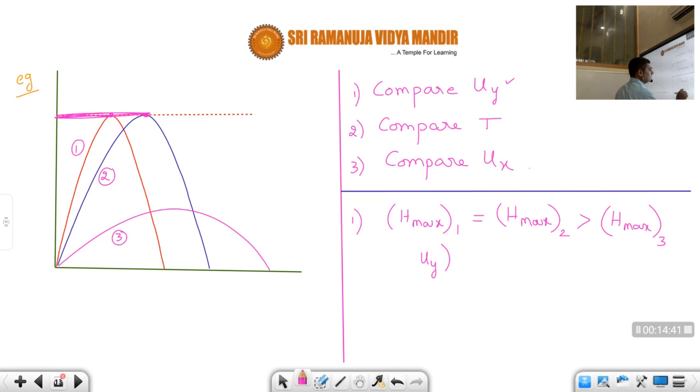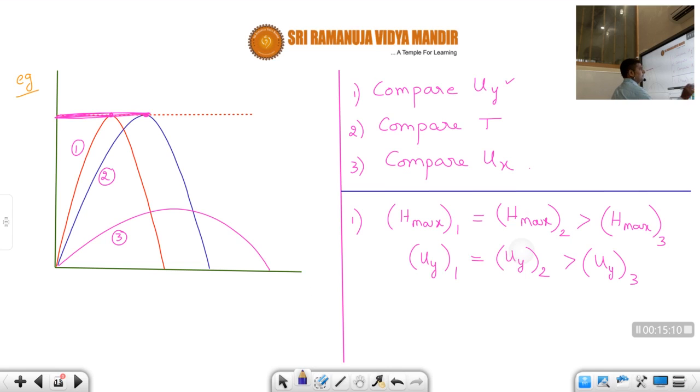So the y component of initial velocity of the first one must be same as the y component of initial velocity of the second one, and must be greater than that of the third one. So like this we can always write. Which y component of initial velocity is more, students? 1 and 2 are same and those are greater than the third one.